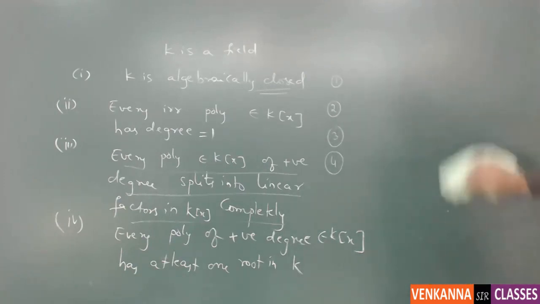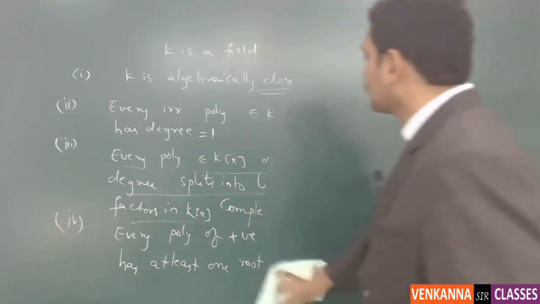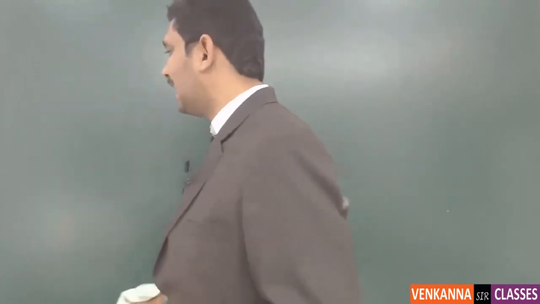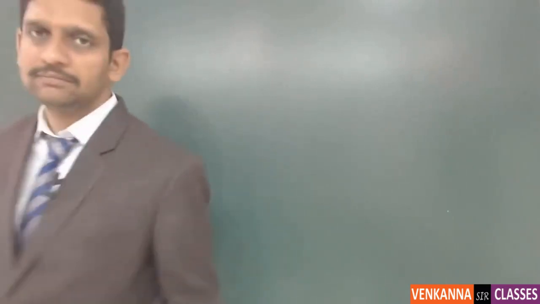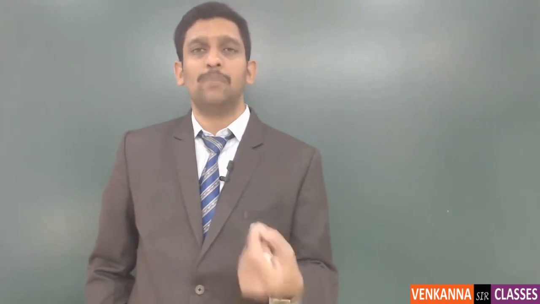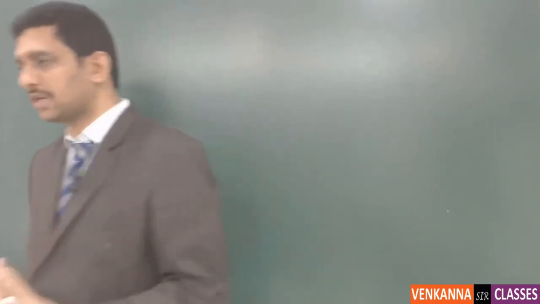That I want to say actually. If you take any field, we can get an extension for it which is algebraically closed. In other words, every field will possess the algebraic closure. Okay? Did you get the context?